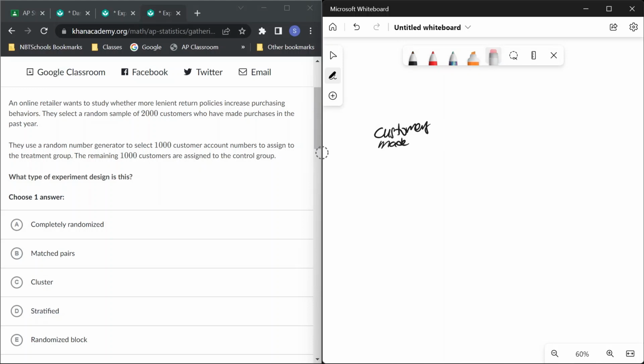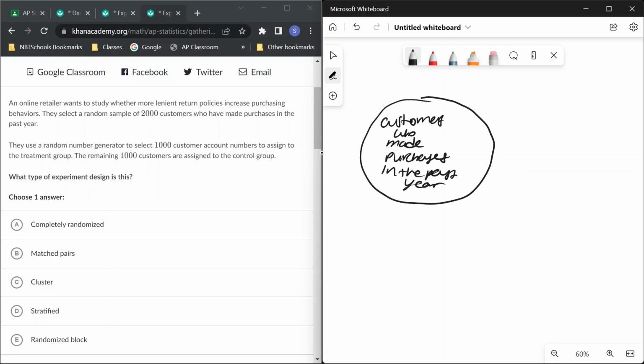Let me write this a little bit better. So they have a pool of customers who made purchases in the past year. So this is like one pool.